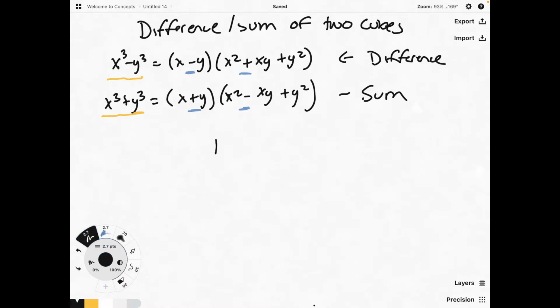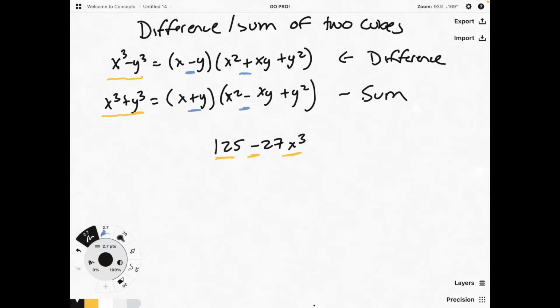If we have 125 minus 27x cubed, we see that this is the difference of two cubes. We know that because we see a minus sign, which tells us it's the difference, and then we also see a cubed here, and we know that 125 is also a cubed value. So that makes sense to use this rule.